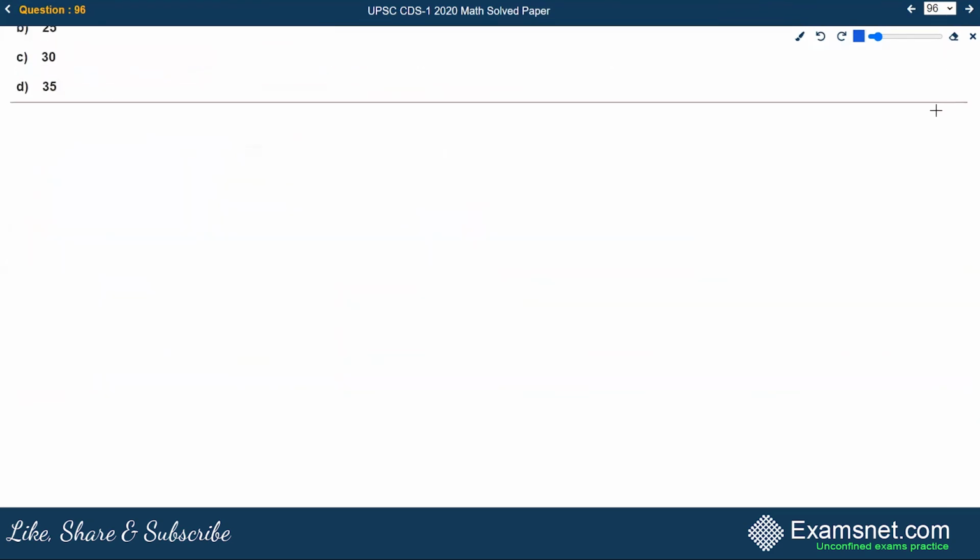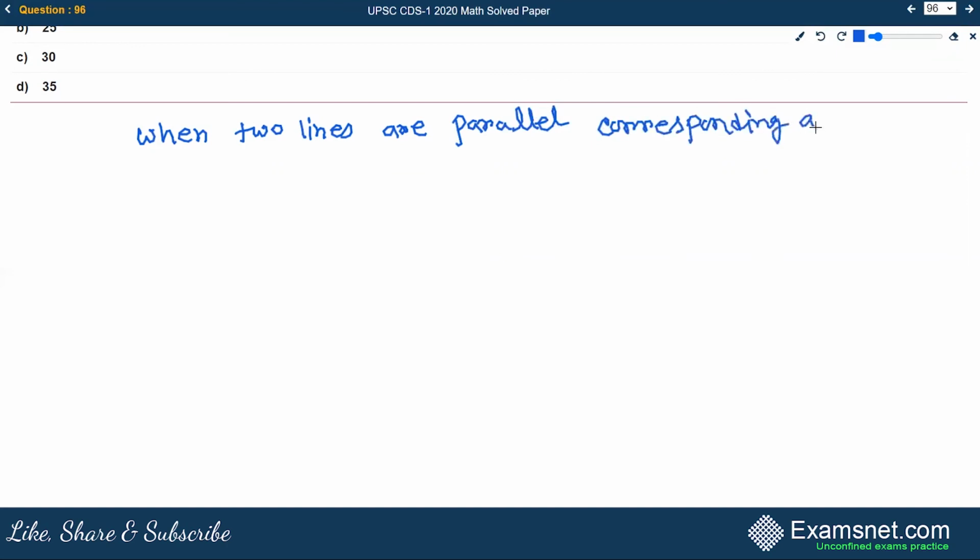First of all, the concept you are going to use here, that is when two lines are parallel, corresponding angles are equal.